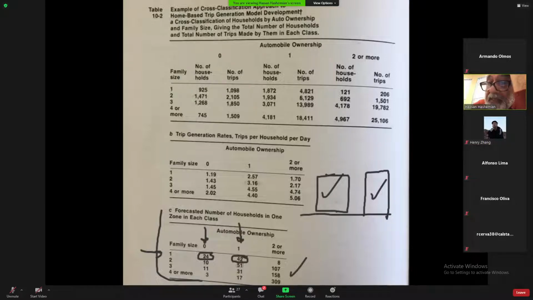So when we have this forecasted data, we can figure out how many trips are going to be generated by that zone. How can we find the generation in this case? We have the number of households in each category. How do I find the total number of trips being made in each of these categories?